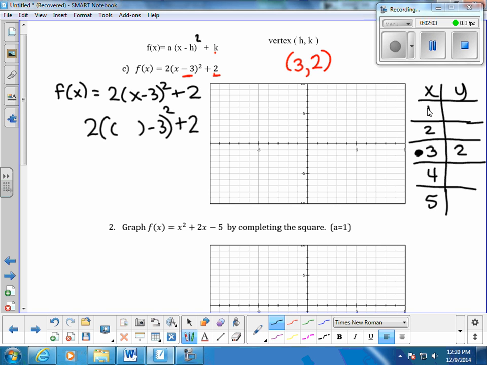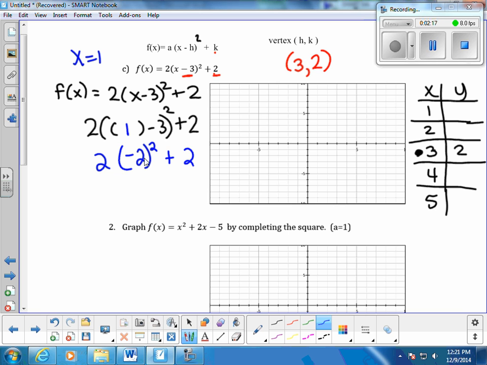Now we're going to start with 1 and plug that in when x is 1. So then we would say, well, 1 minus 3 is -2 squared, and I carry everything down. -2 squared would be +4.